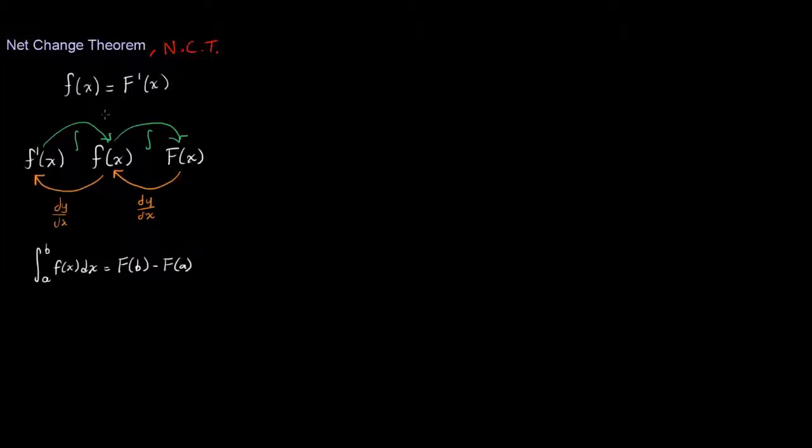Now, basically, this net change theorem stands as a conclusion that we can get starting from this. If we assume this is true, we could say as well that the integral between a and b of f prime of x dx would be equal to f of b minus f of a.